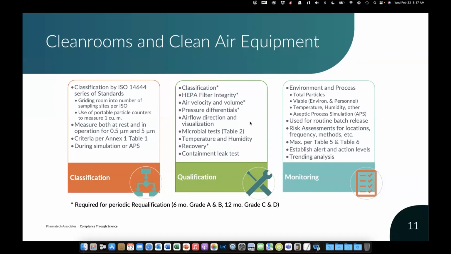Now, many of these are pretty common to us who do and maintain clean rooms, such as the HEPA integrity and air velocity and the pressure differentials, for example.